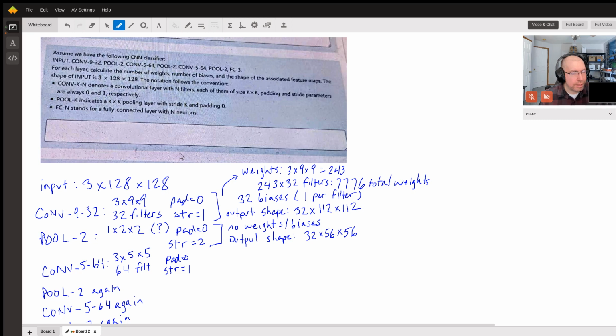Let's see. Okay, yeah. Okay, so I mean, it doesn't really matter too much how we notate it.